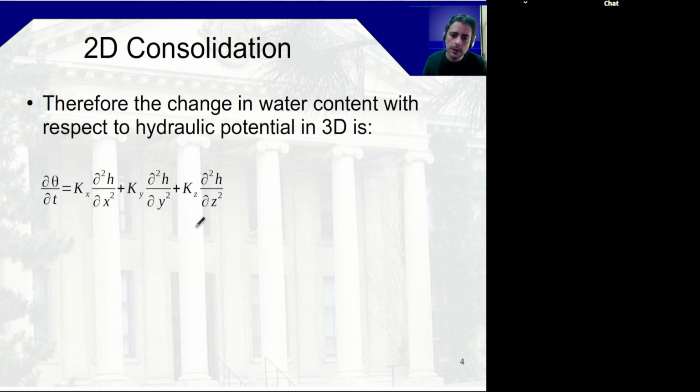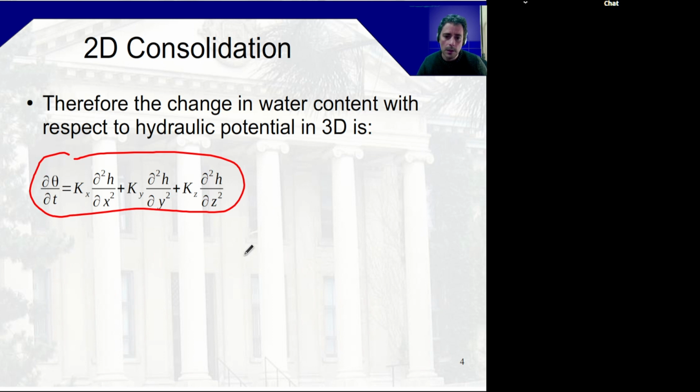So in terms of 3D, then the full 3D expression of Darcy's law was with the hydraulic conductivity in the x, y, and z directions. Each are independent, so the flow in one direction is independent of the flow in other directions. It just depends on the gradient of head in its own direction, right?